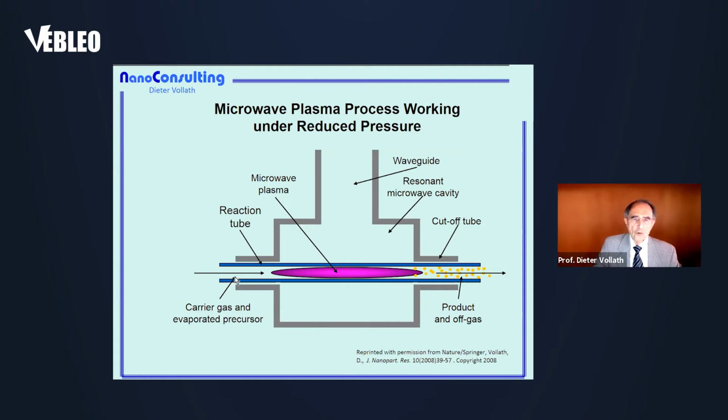Our reaction tube passes this resonant microwave cavity, and at one end we introduce the carrier gas with the evaporated precursor, and on the other end we get the off gas and the product. What's important is that the microwave cavity is closed by a so-called cut-off tube to avoid leakage of the microwaves.